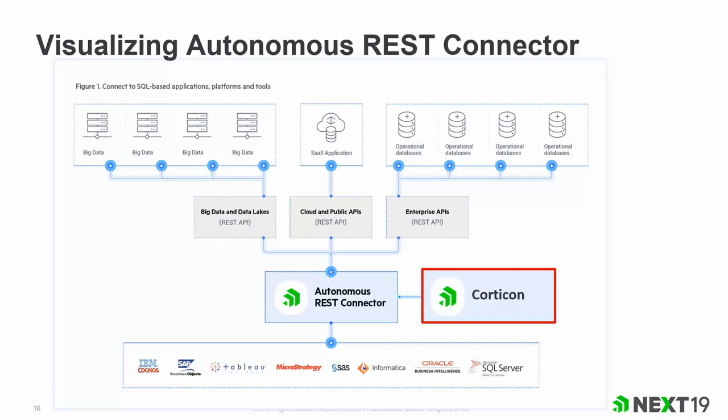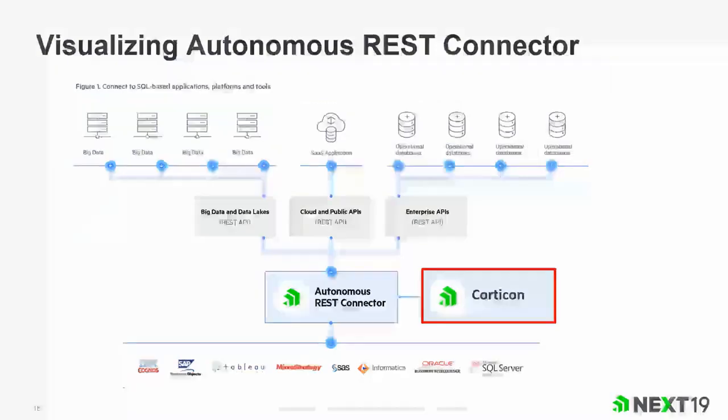Or a mortgage application where a credit bureau, or multiple credit bureaus, are consulted for your credit risk. Those are all services that you want to leverage in Corticon for decision-making. You pull in that data, and then the decision engine can make a decision.